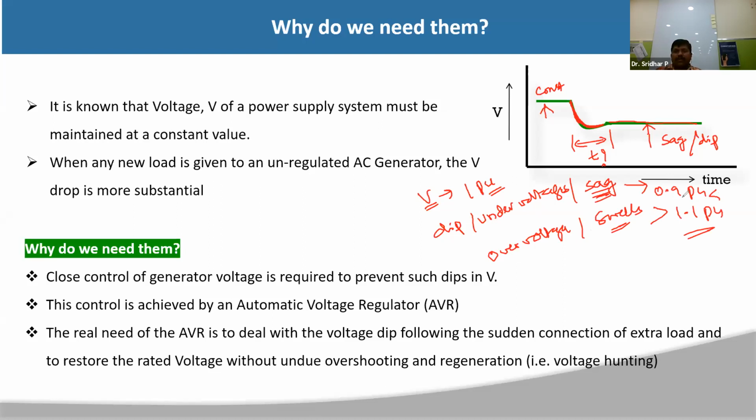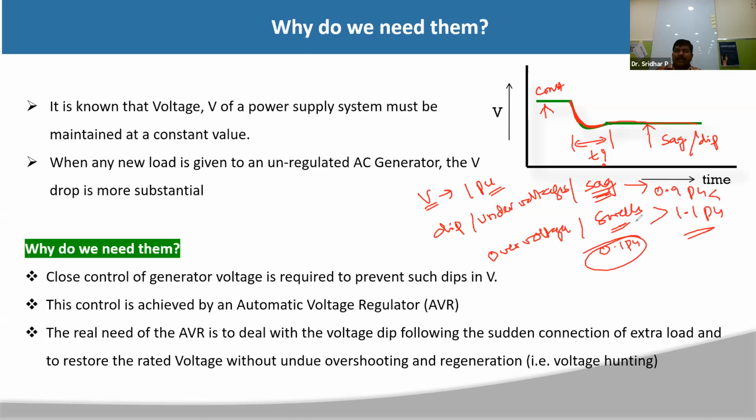With this voltage, majority of the electrical appliances may adjust by themselves for this smaller deviation. How much is it? 0.1 per unit. So this 0.1 per unit is an acceptable voltage in the real-time power system.